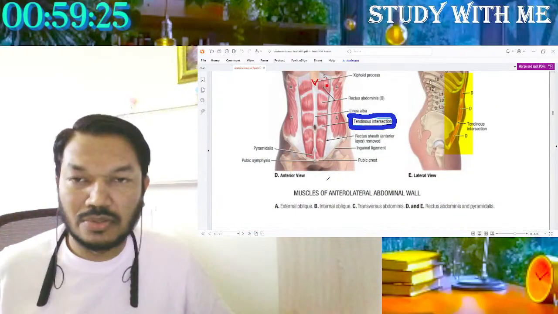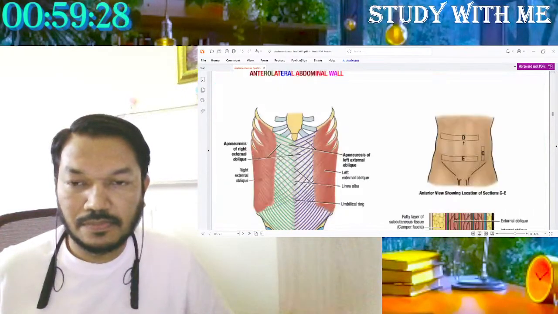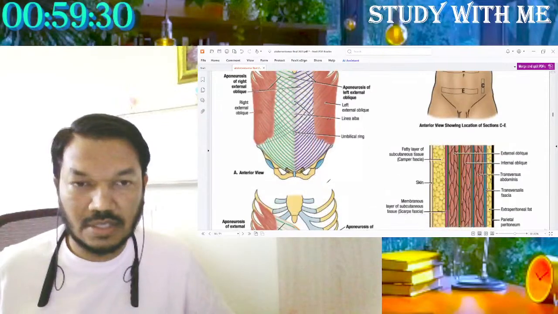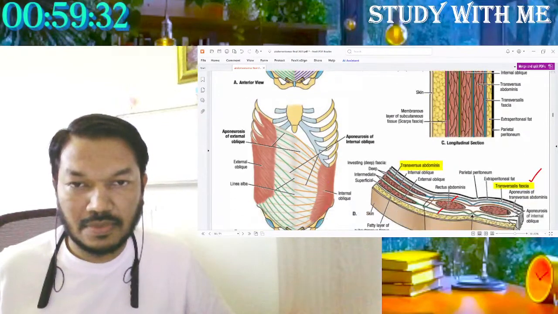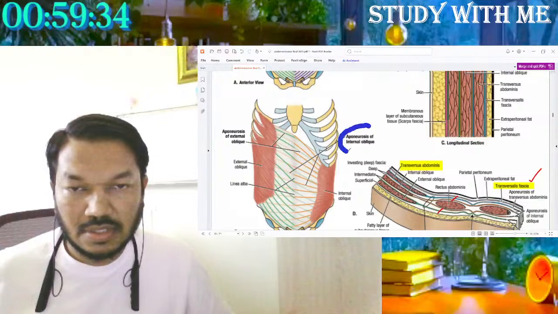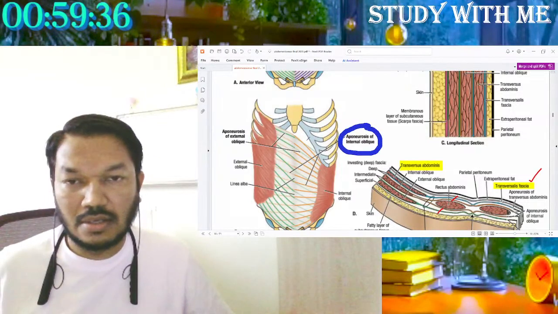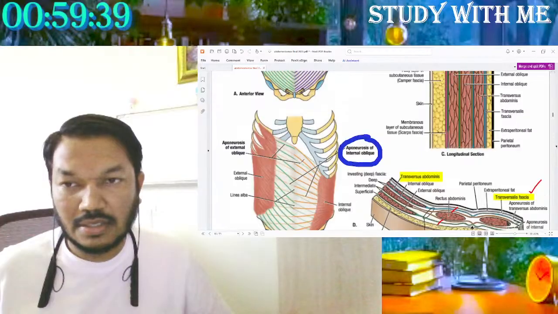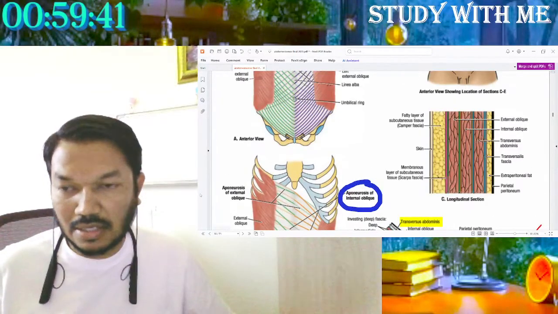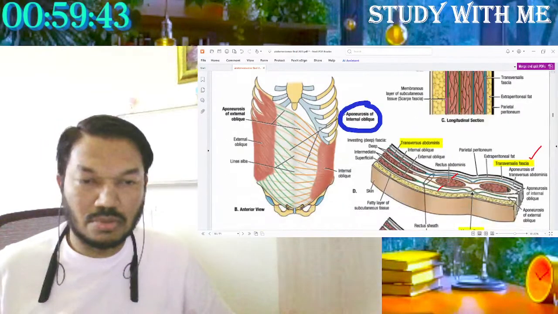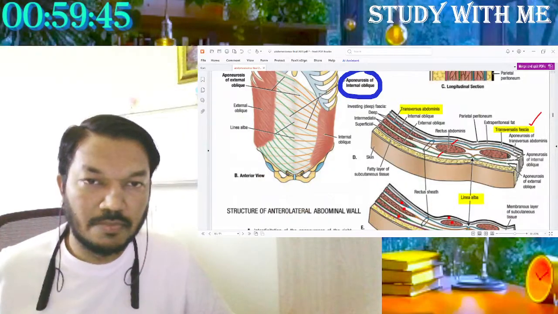Aponeurosis, same like aponeurosis. Here, see aponeurosis of the internal oblique. Same, there is aponeurosis of the external oblique. Just for the gross concept, this picture is important.